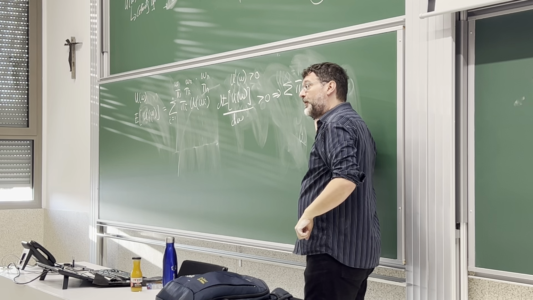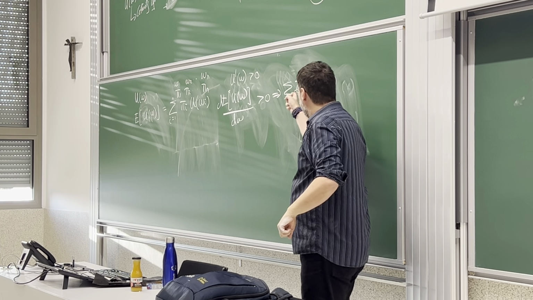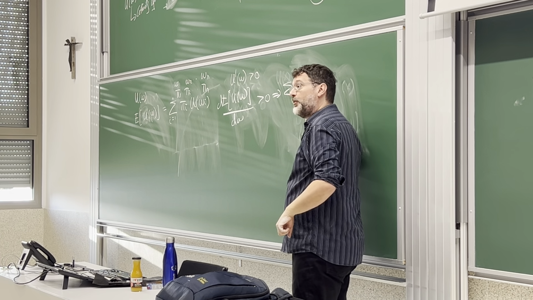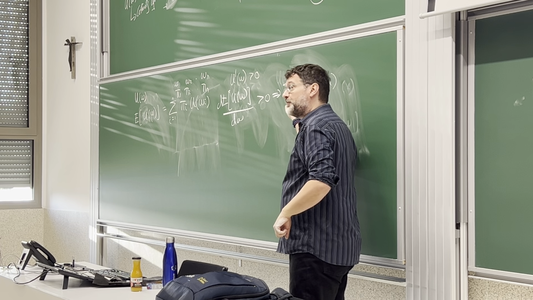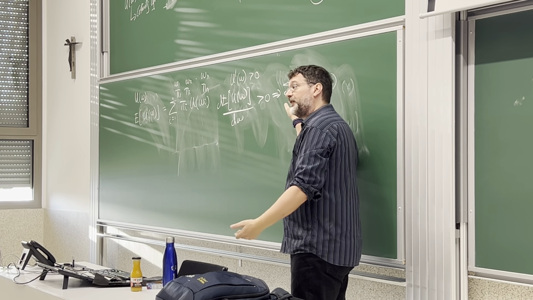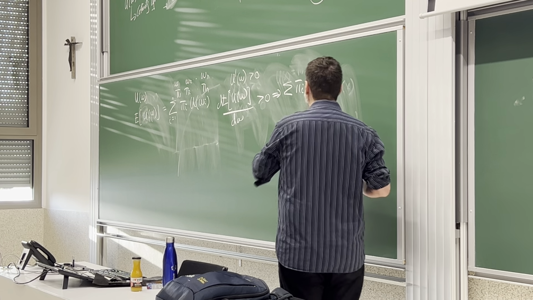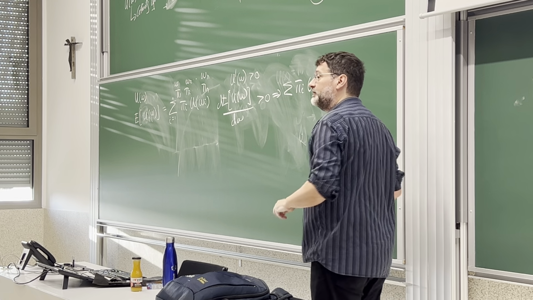These guys are positive. We are making a weighted sum of positive things where the weights are probabilities, so those are positive amounts. So all these things will be positive.